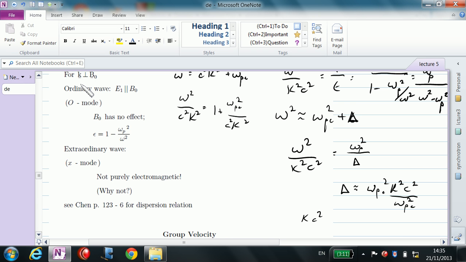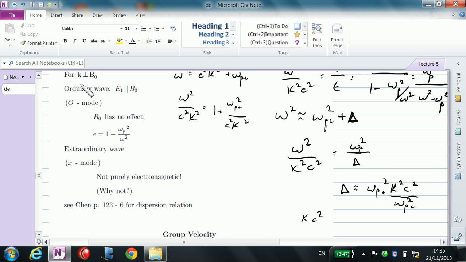What do I mean by that? Well, what does purely electromagnetic mean? No, electromagnetic means that E is perpendicular to K. Right. That's what happens in an ordinary electromagnetic wave, no? Yes.